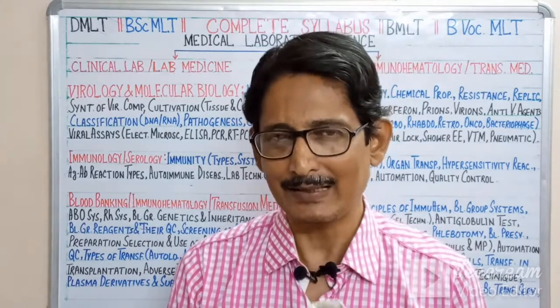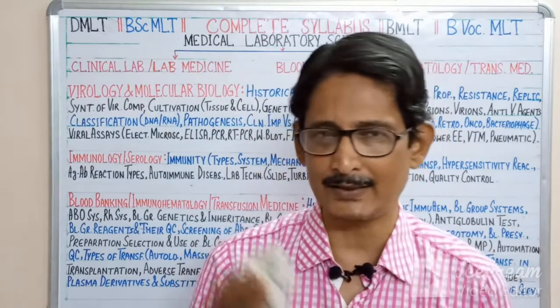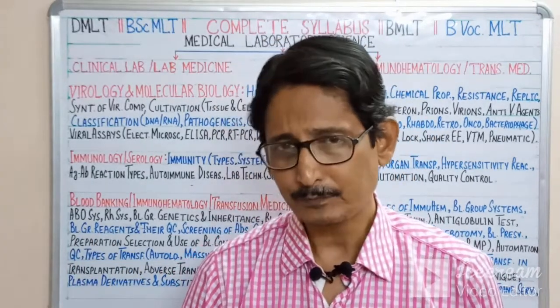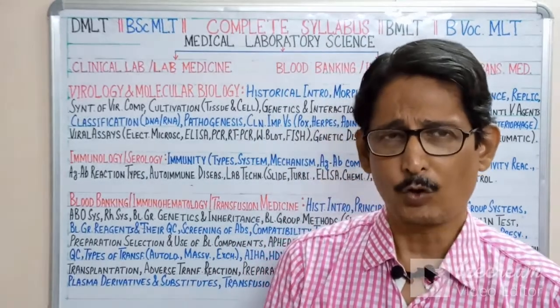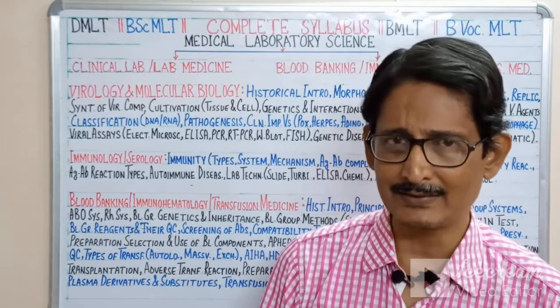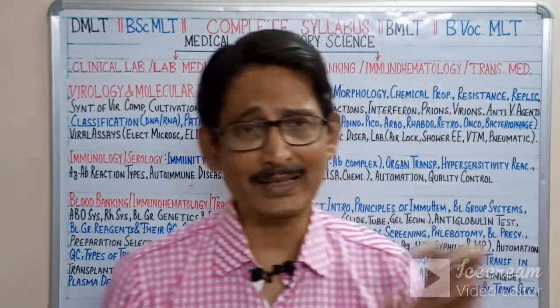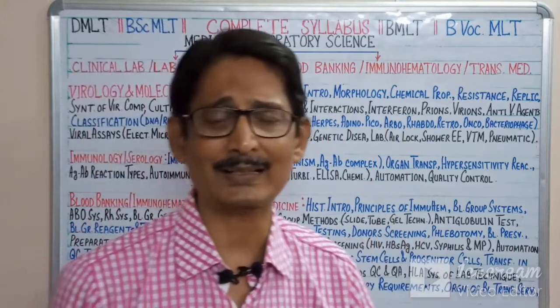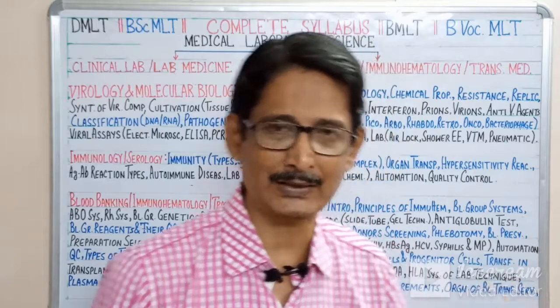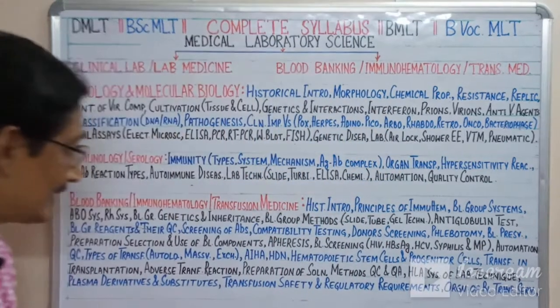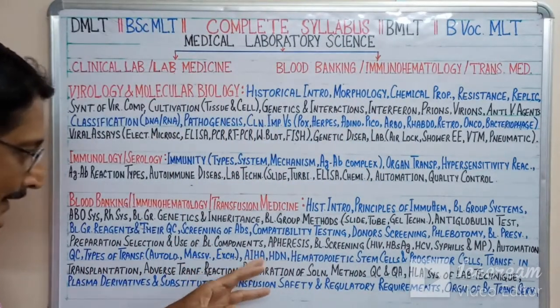After taking blood, we make different components: RBC, platelets, and the plasma part, that is the plasma protein and the other coagulating factors. All components are separated inside the lab, and the requisite component is given to the particular patient who needs it. This is the blood component separation.